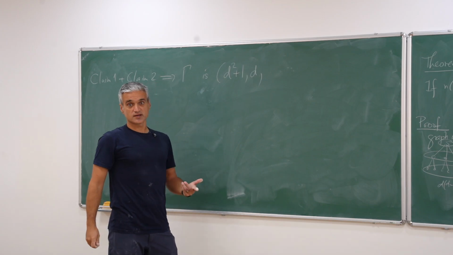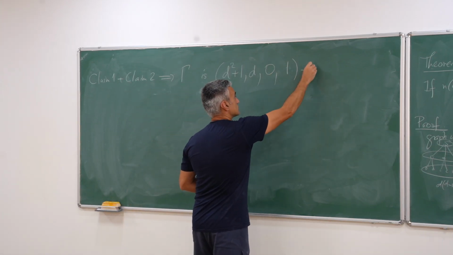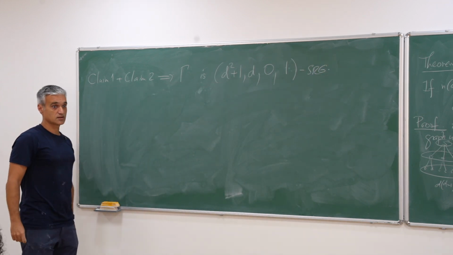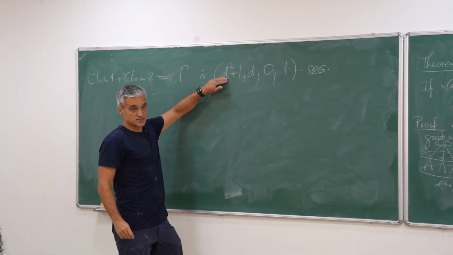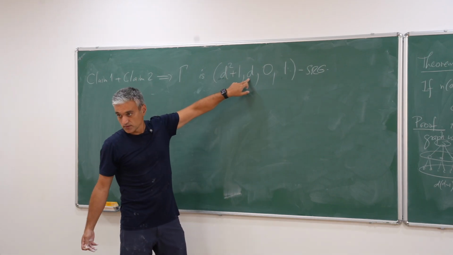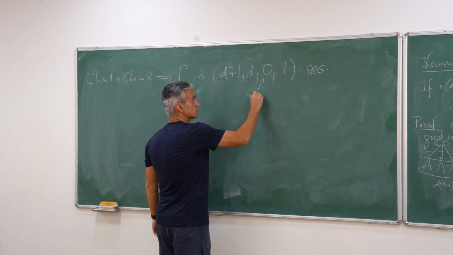Because it has no triangle, lambda has to be 0. And I'll show you in a second that mu has to be 1. Remember, this is the number of vertices, which we know. D is the valency, which we know. Now, 0 comes because no triangles.